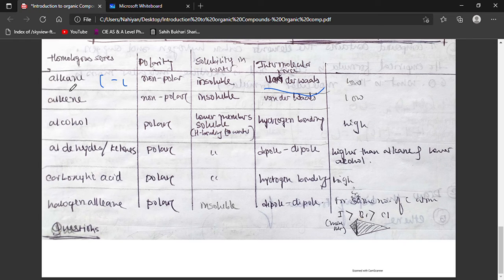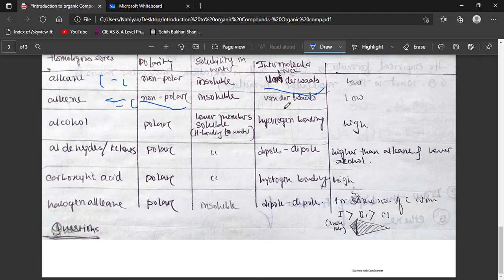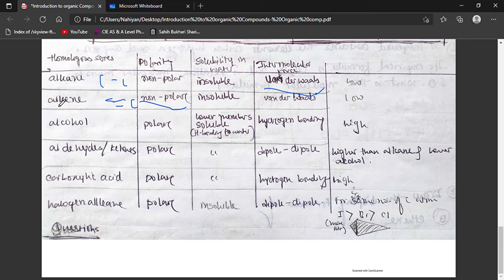For alkenes it's the same. You just have a C double bond, which doesn't make any great change, and they're also non-polar. The only intermolecular forces between alkenes are van der Waals forces. And the reactivity for both of them is low.